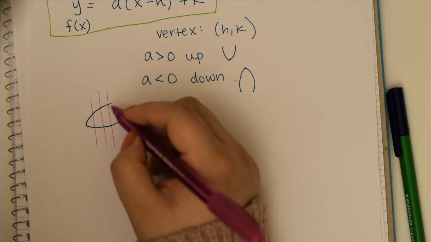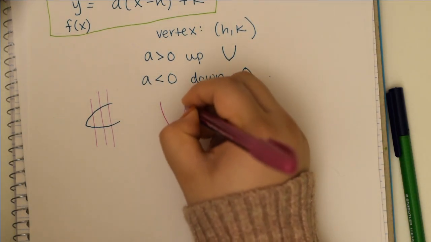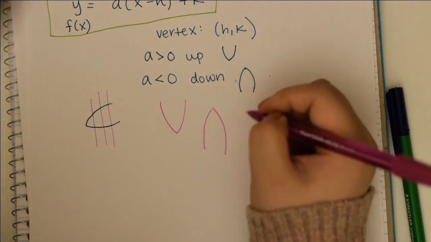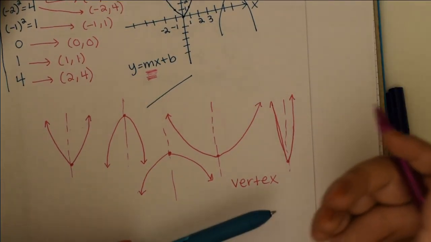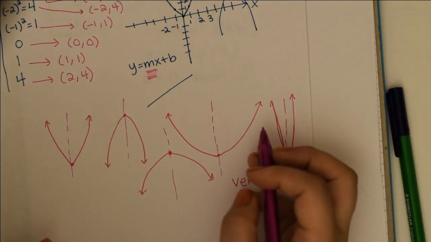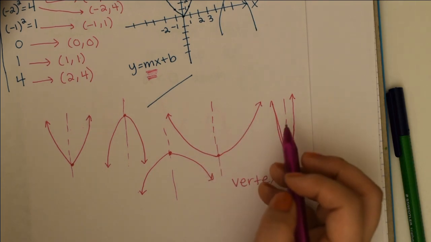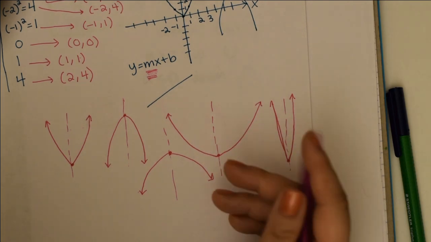So that's why your parabolas will only ever look this way or this way. And yeah, so that's what we're studying. Okay, so from there we can study properties of this, and I hope that helps.